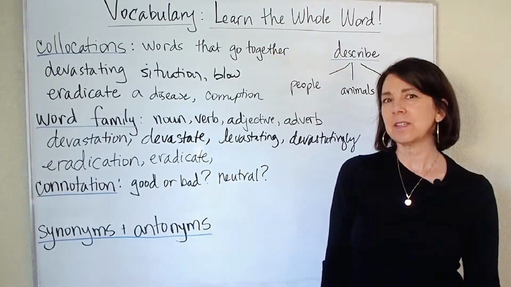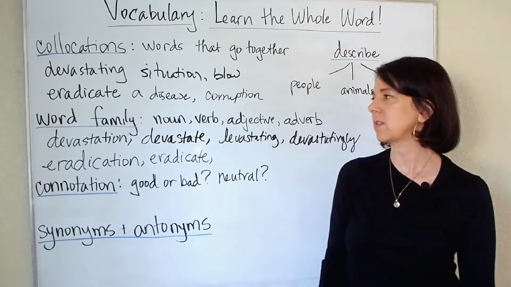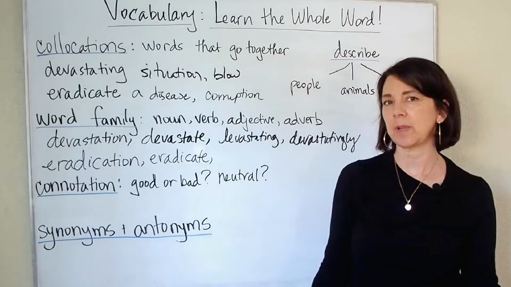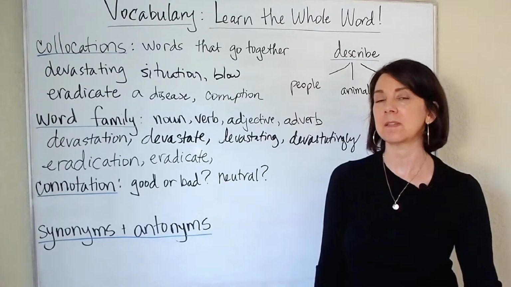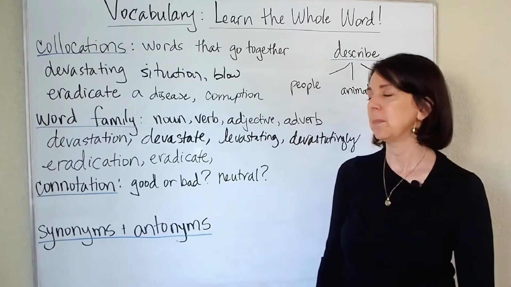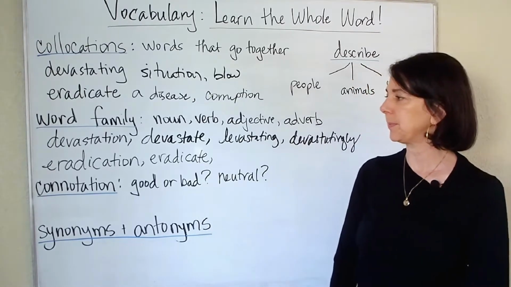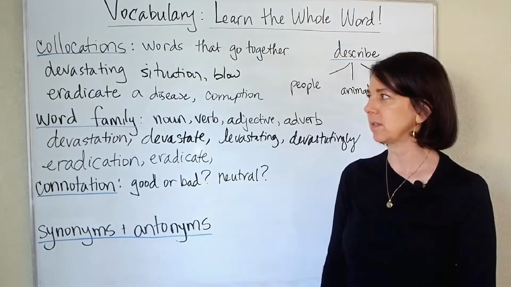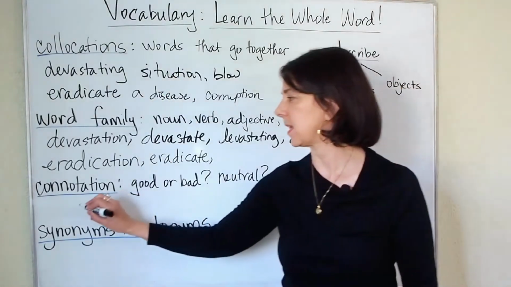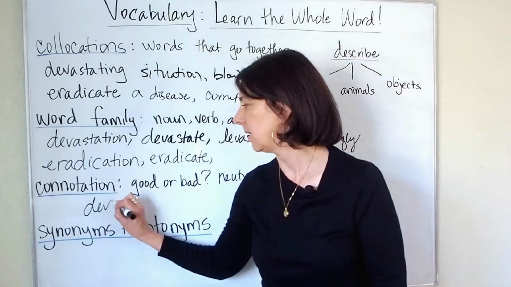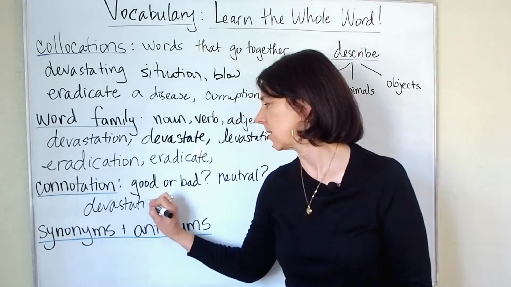The adjective, we don't really have an adjective form of this word. Sometimes we use it in the passive form with ed. We could say that disease is eradicated, but that would be the passive form of the verb. Okay, connotation, good or bad? Well, for devastating, it's definitely a bad connotation.